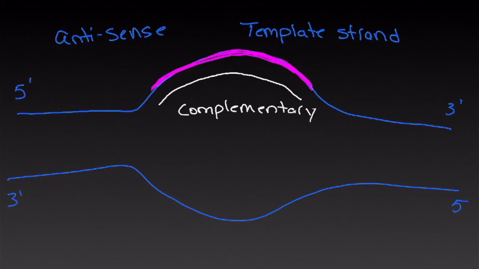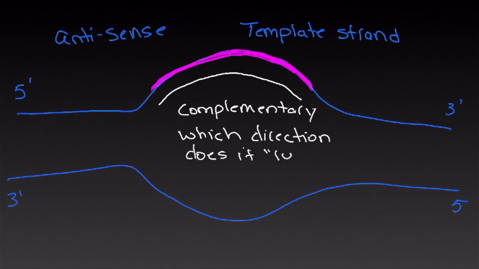So which direction does it run in? Stop and think about that for a second. What are its primes going to be? So what would you put at this end, and what would you put at this end?